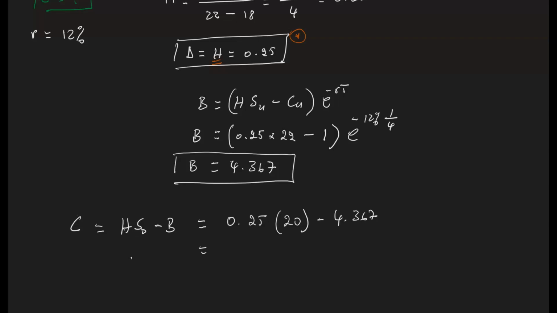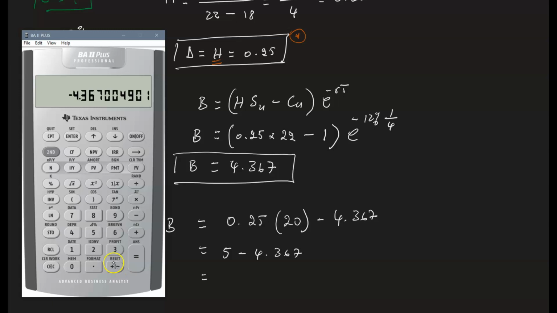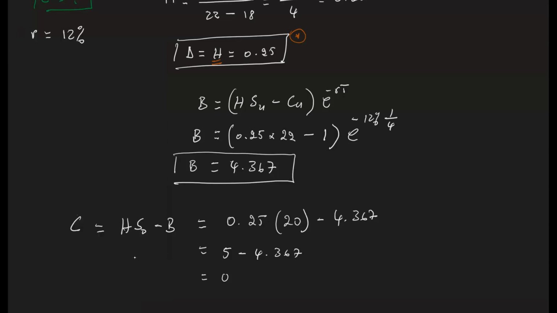So that is 0.25 multiplied by 20, that's 1/4 of 20, that's 5, minus 4.367. That gives us 0.6329, 0.633. So the call value is 0.633, and that would be our call price.